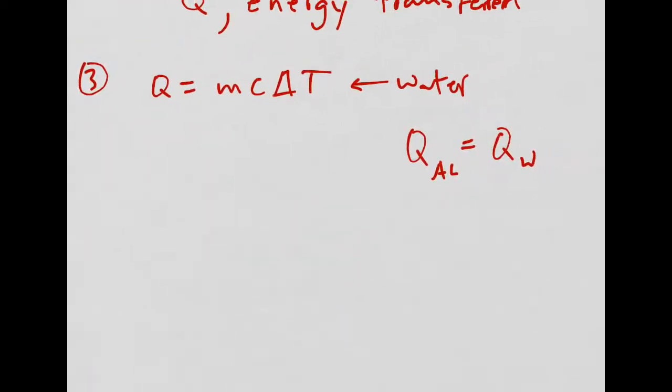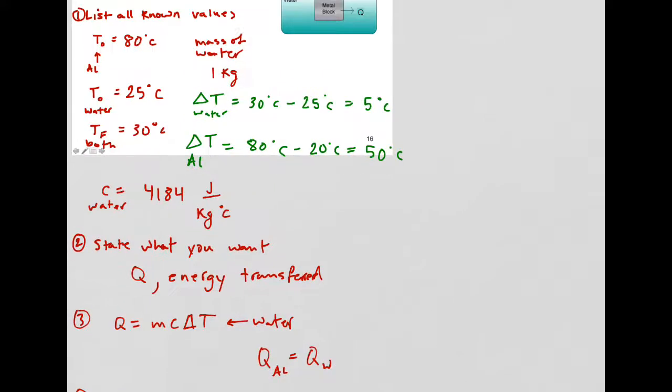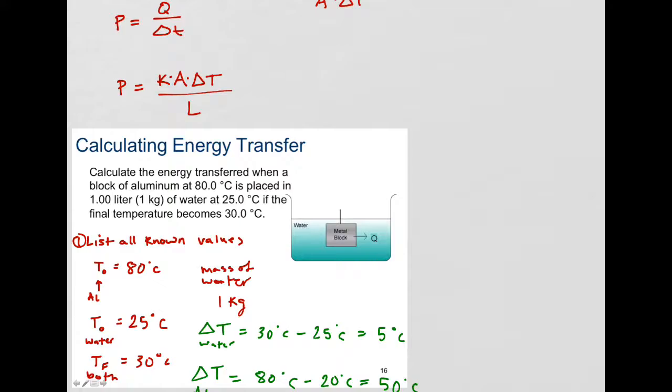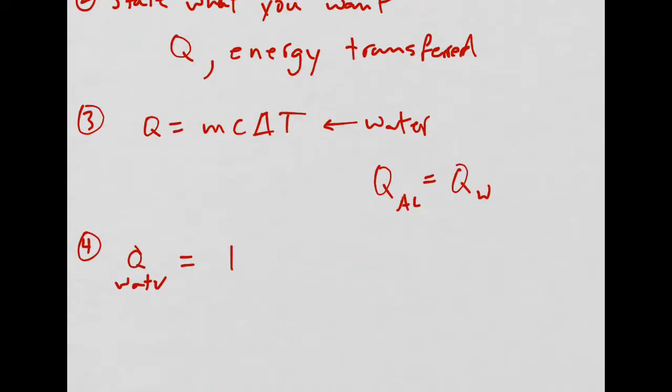So we have that. And then what's step 4? Step 4 is to solve. So you just plug stuff in now. Q for water equals the mass of water. Remember, the mass has to be in kilograms. We know that it's 1 kilogram of water.